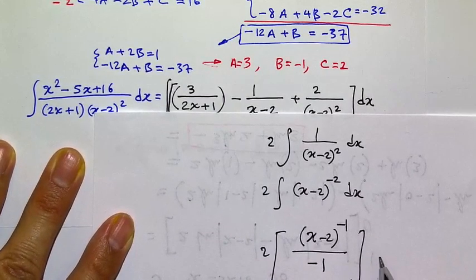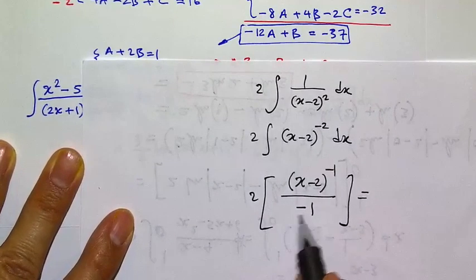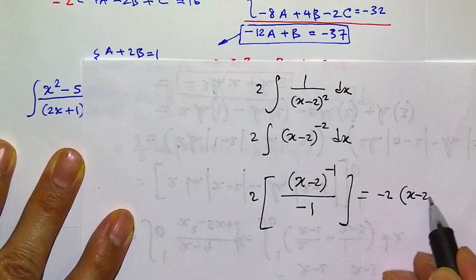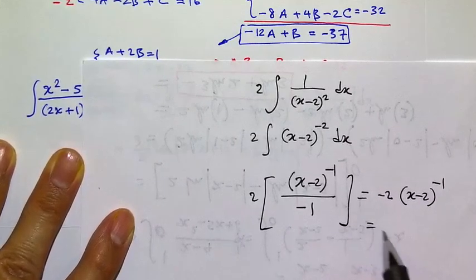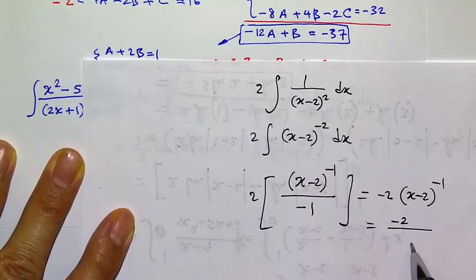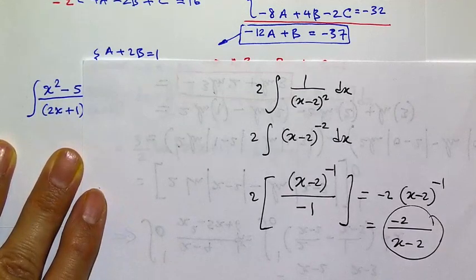So what do we end up with? It's just minus 2 times (x minus 2) to the minus 1 power, or minus 2 divided by x minus 2, putting this in the denominator with a positive power. So that would be the result.